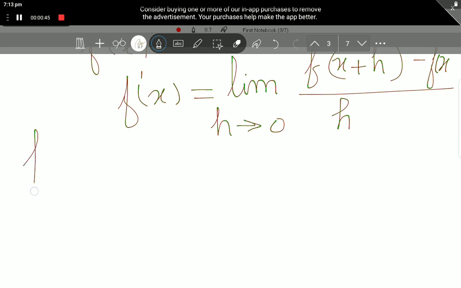In this case, we have f(x) equal to log of sin x.